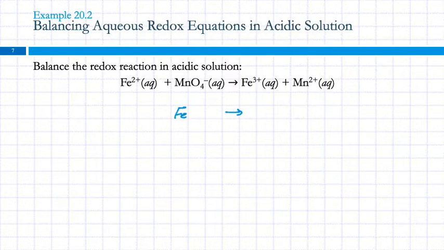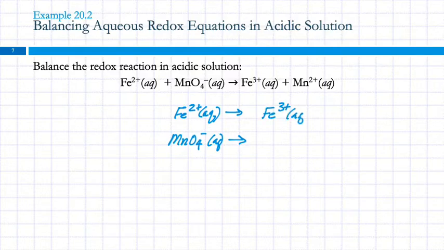We've got Fe2+ aqueous, and that's permanganate ion. And the Fe2+ is most like the Fe3+, so that's going to go over here. And the Mn2+ is the most like this one.